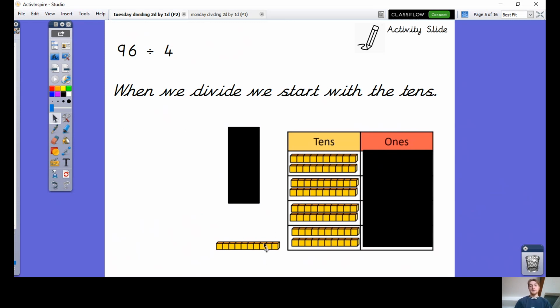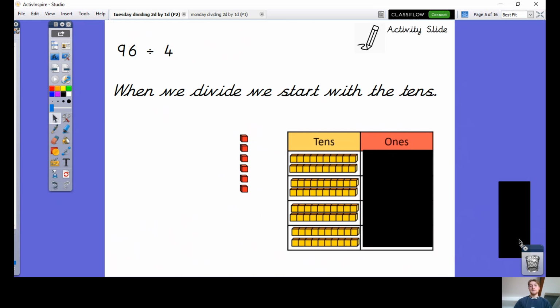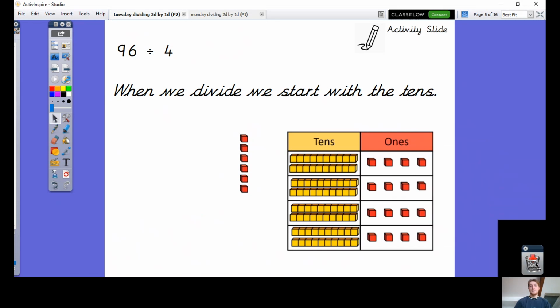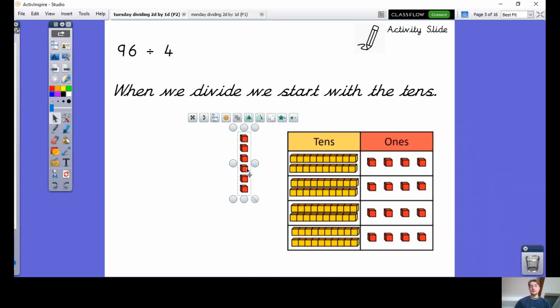Of course, we don't want one left over, so what you should have done was exchanged that 10, sorry, for 10 ones, which would have given us 16 ones altogether, because we had 6 ones already here, and 1 ten exchanged for 10 ones will give us 16 ones altogether, and it should be shared with 4 in each group.